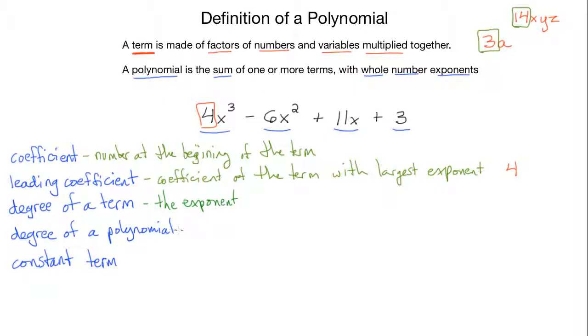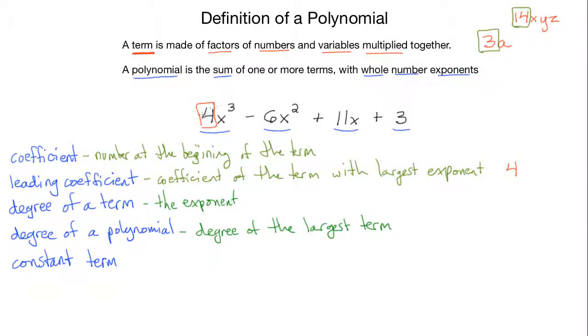The degree of the entire polynomial, on the other hand, is the degree of the largest term, or the term with the largest exponent. So in this case, I find all four terms.